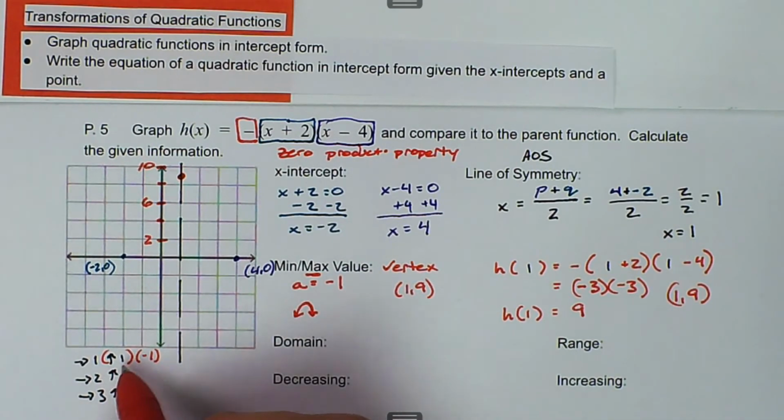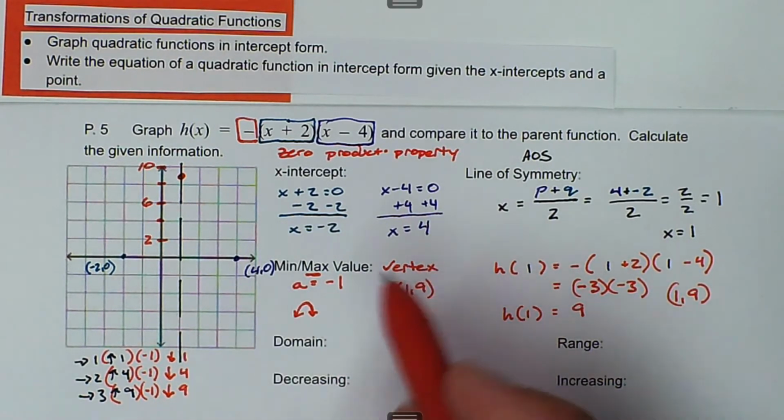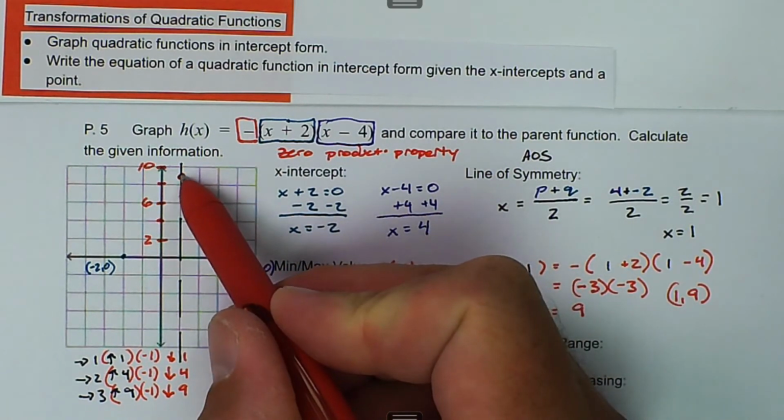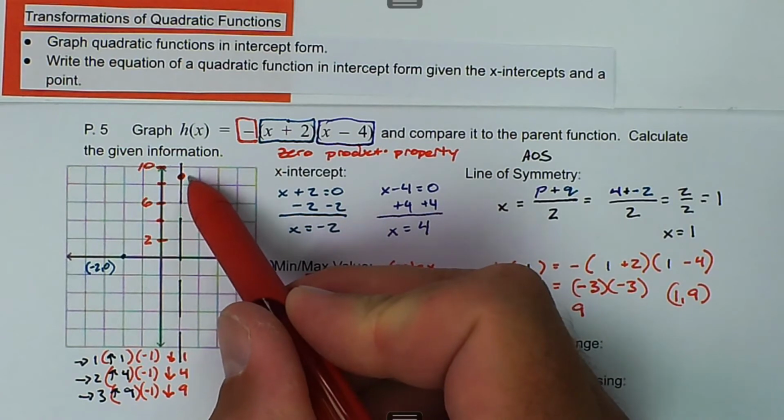So instead of going up 1, we're going to go down 1. Instead of going up 4, we're going to go down 4. Instead of going up 9, we're going to go down 9. So from our point, we go over 1, down 1.